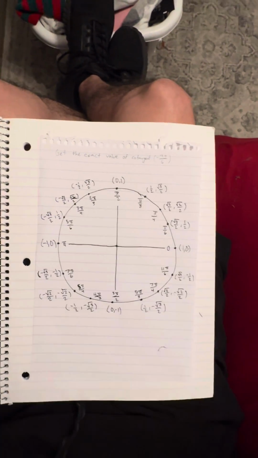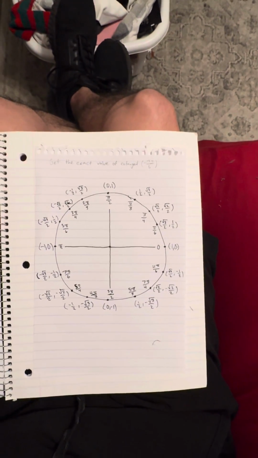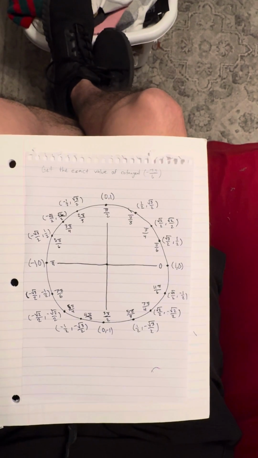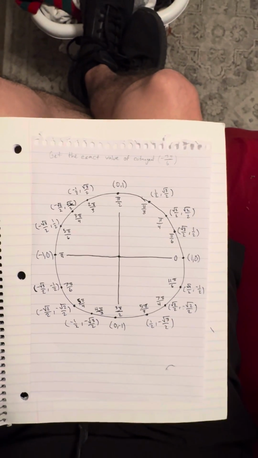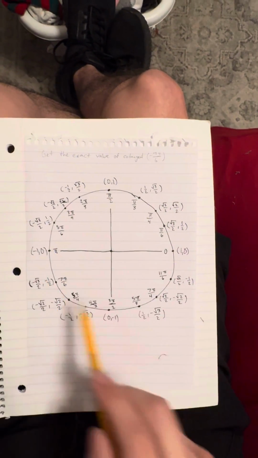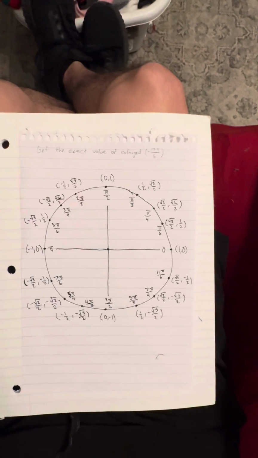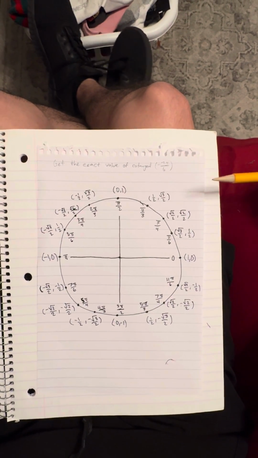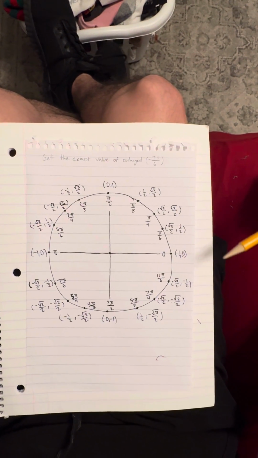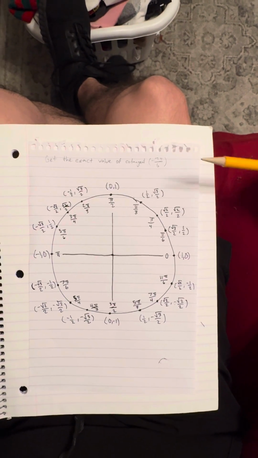Okay, for the second problem, we want to get the exact value of the cotangent of -7 pi over 6. So to start off, I already have my unit circle ready to use to find the cotangent. Since we have a negative here, we're going to be going clockwise to find our value.